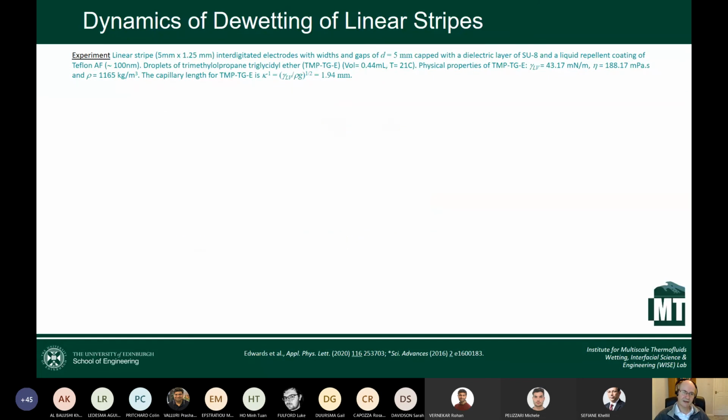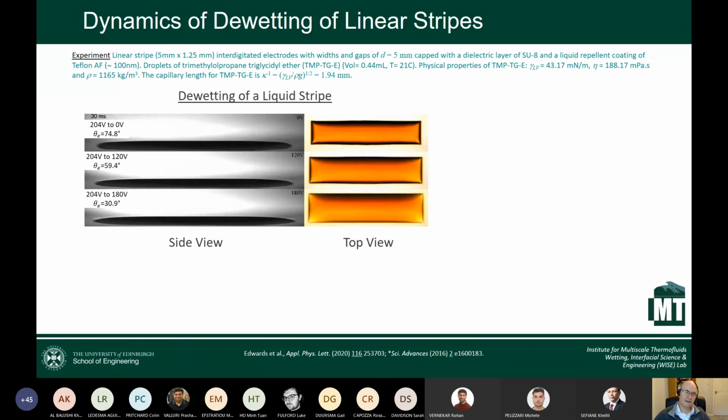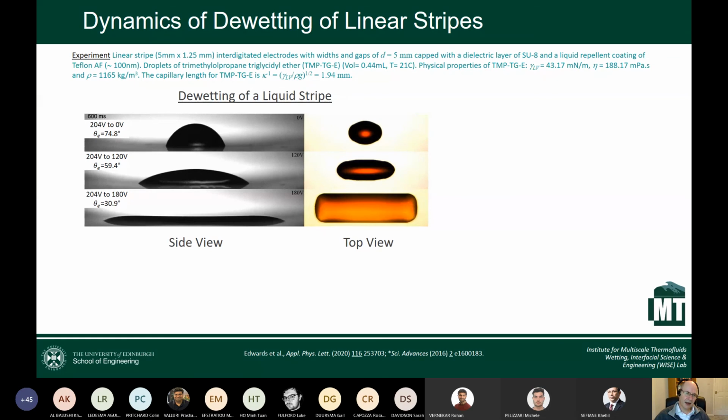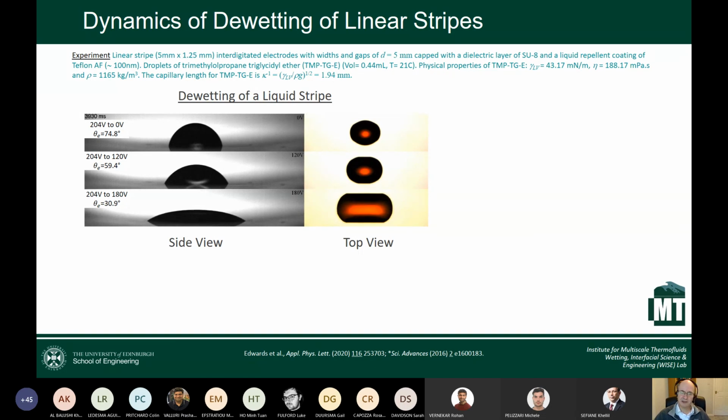I'll show that again if I can. Here's the start, turn the voltage off, and you get a retraction of liquid from the surface. But what happens is at the very edge, you get a shaping of the edges before it forms a more circular cap profile droplet and comes together. And so you get 2 stages in this de-wetting from a surface.